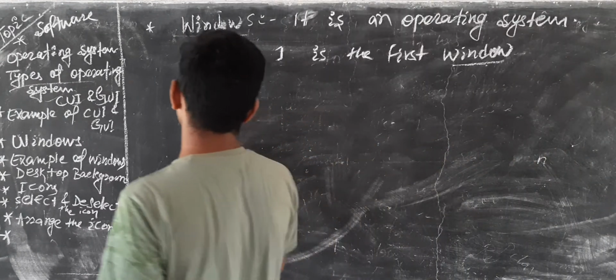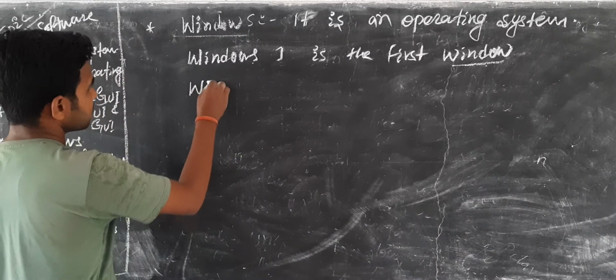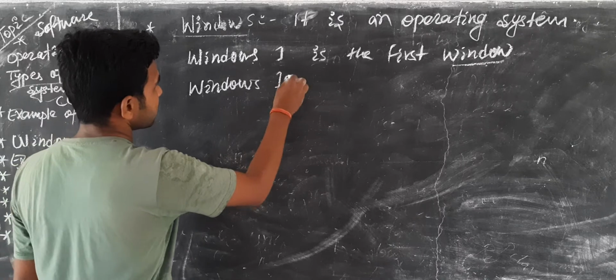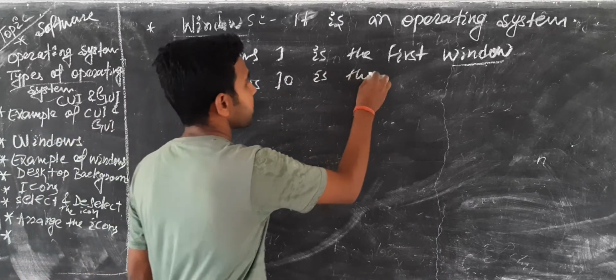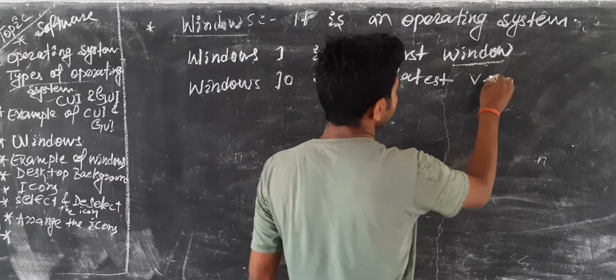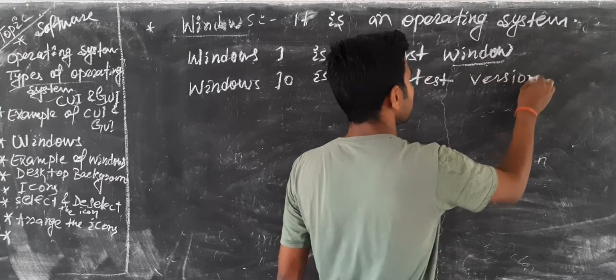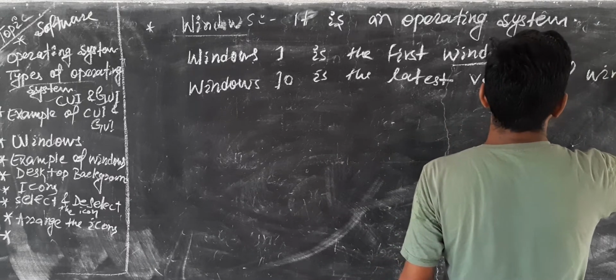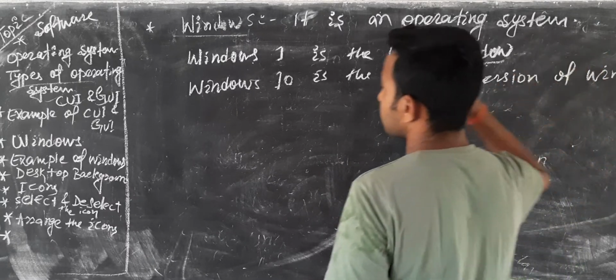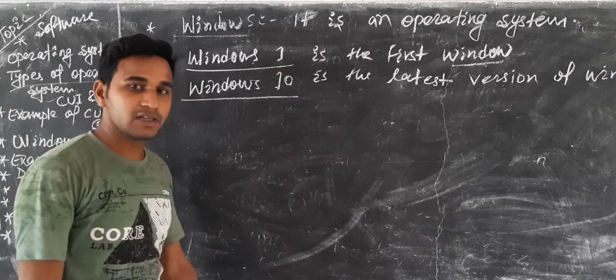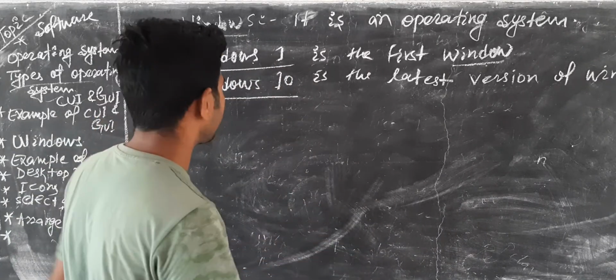And similarly, Windows 10 is the latest version of Windows. Windows 1 and Windows 10, this is the latest version of Windows.